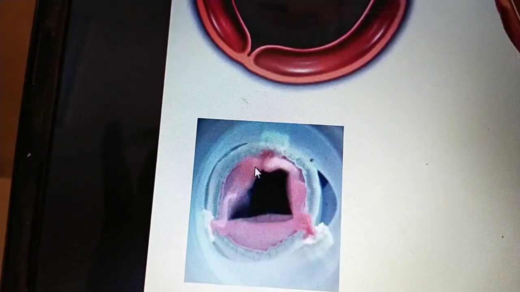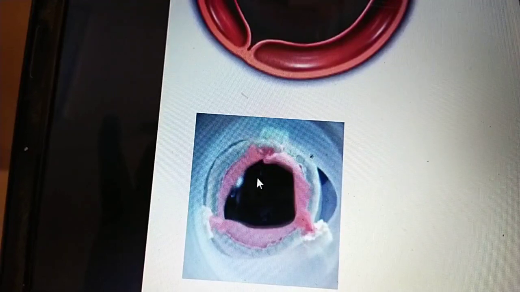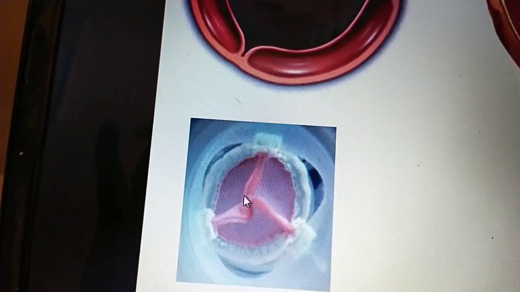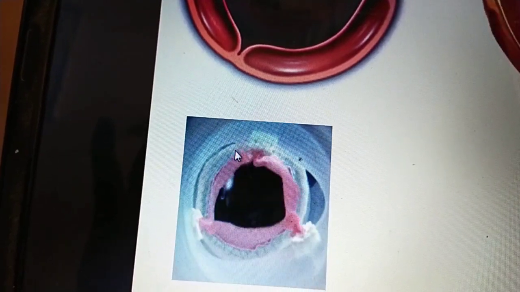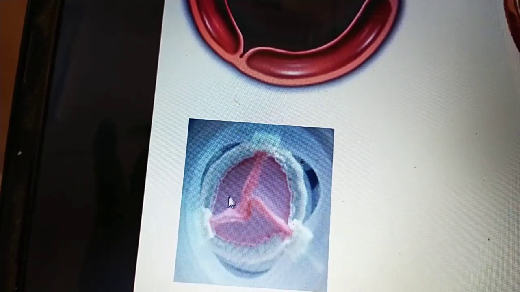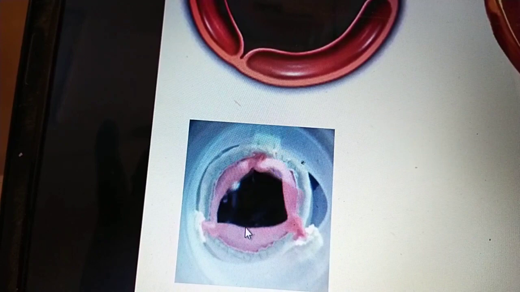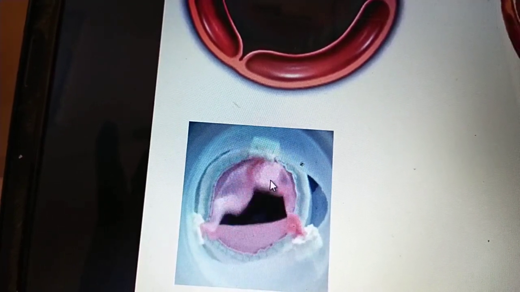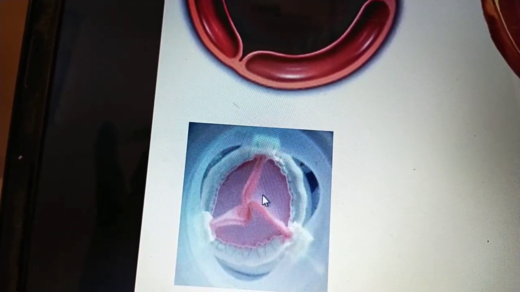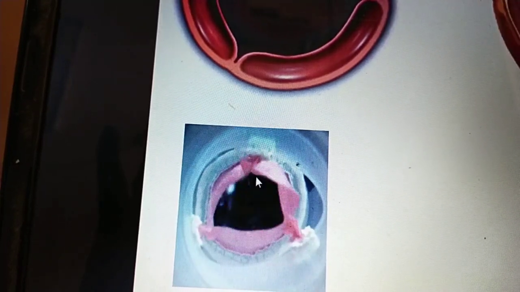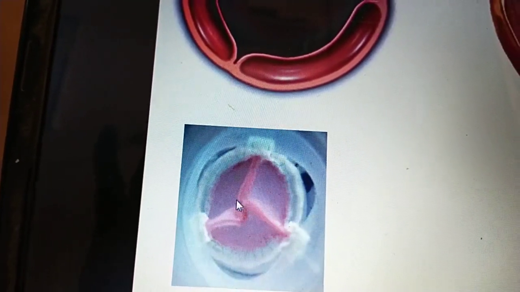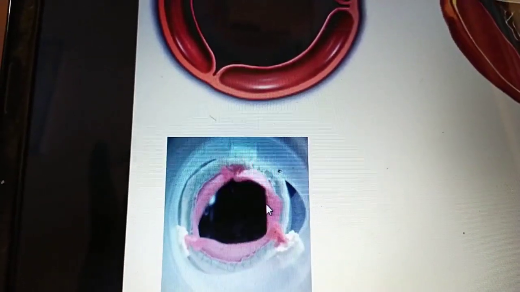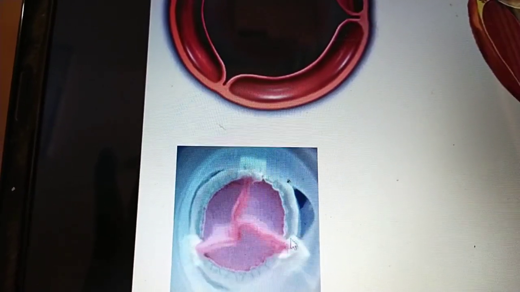Valve means, as you already know, a device that controls the passage of fluid or air through the pipe. These thin layer-like structures are the valves, and when they are closed they form a concave-shaped structure, and these concave structures are called the cusps or leaflets of the valve.